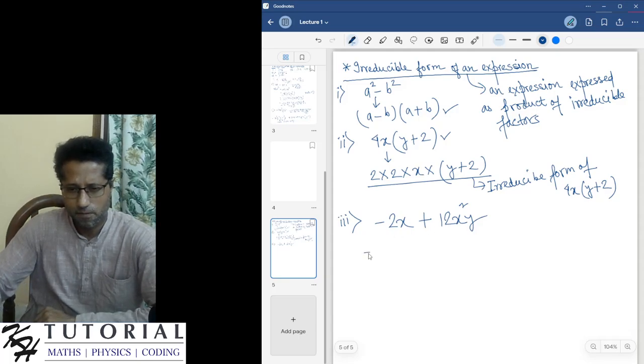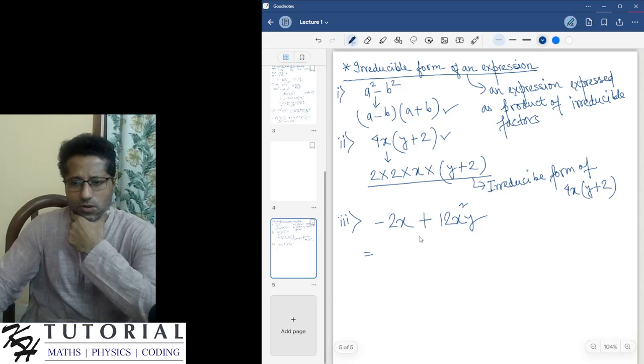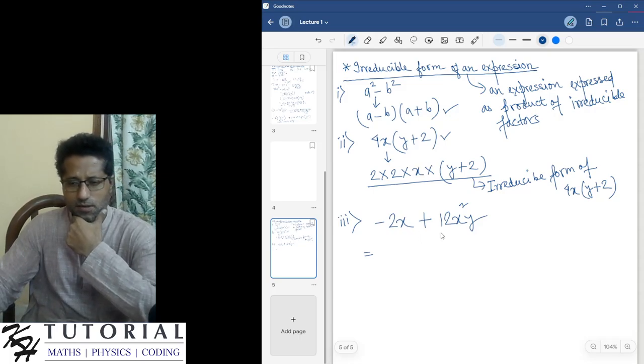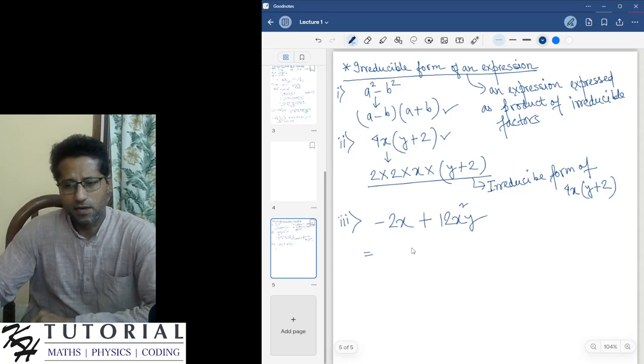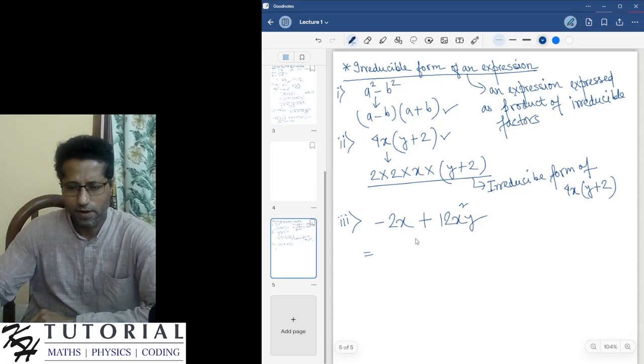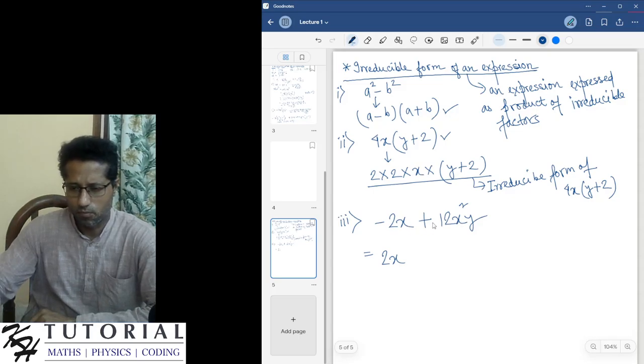So let's try to express this algebraic expression in irreducible form. First, let's factor out the common factor. The common factor will be 2x, because the variable x occurs in both the terms, and the minimum power of x is 1.